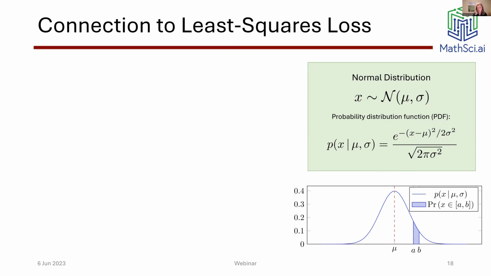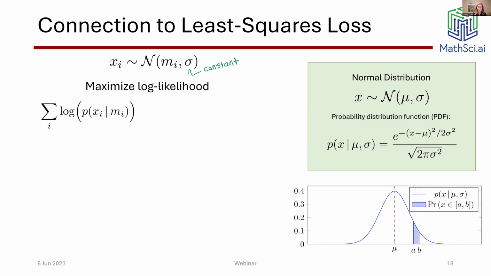You can also use it in minimizing the log likelihood. We're assuming that xi is normal distributed with mean mi, substituting in for the mu, and some constant sigma for the standard deviation. We're assuming that's the same across all entries. Then we're going to maximize this log likelihood, so we take the log of this function with mi equals mu and sigma constant. We plug that in, and we get this formula here.